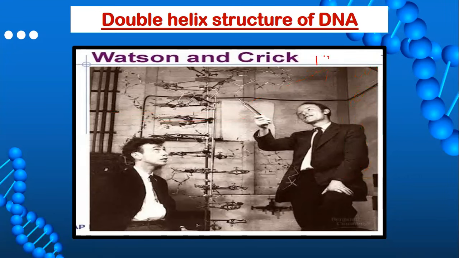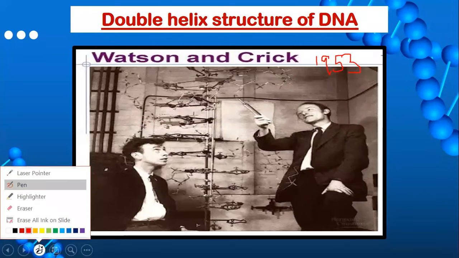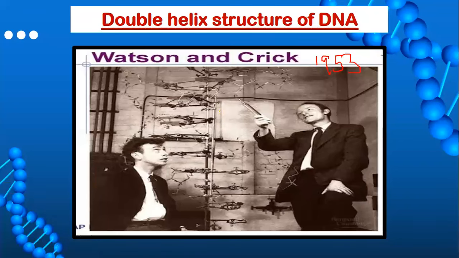Later, in the year 1953, these two people identified that DNA can exist in a double helical structure. Of course, a question they can ask in the exam: which technique is used to understand the double helical structure of the DNA? That's a direct question. By X-ray crystallography, everyone has to remember. And who took the X-ray crystallographic picture of the DNA? It was taken by Rosalind Wilkins and James Franklin.